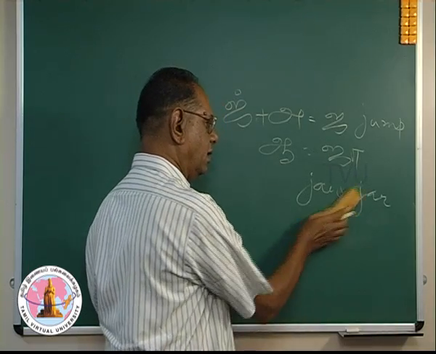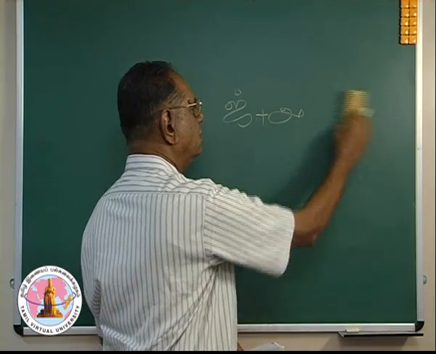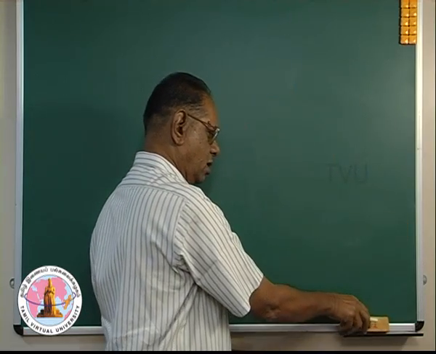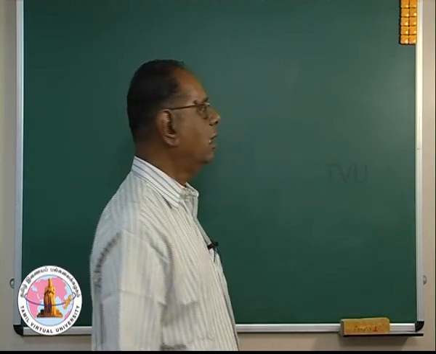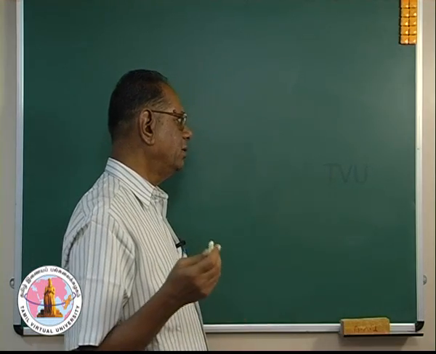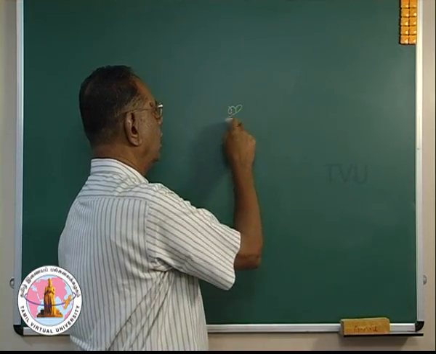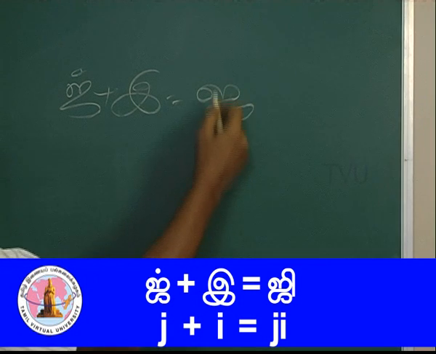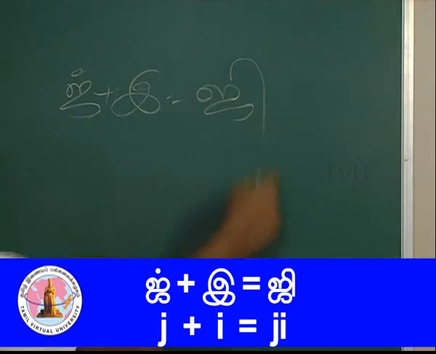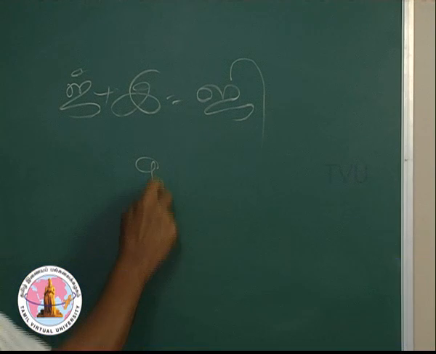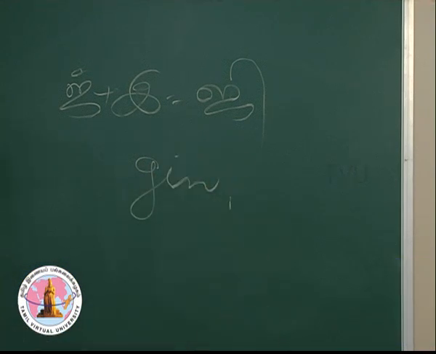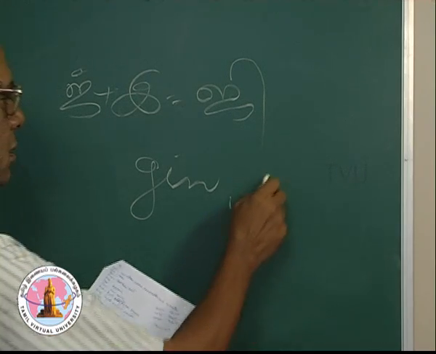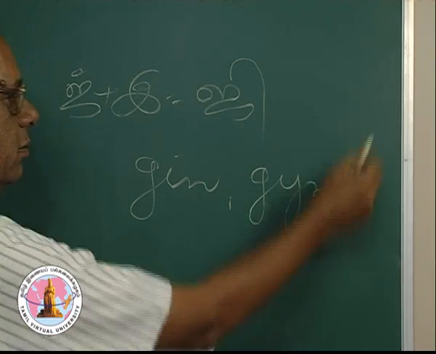Like any Tamil letter, these new letters also accept the vowels and take up the markers. With this, we put E and this becomes G. The marker is the same, only you have to know where to draw it from. So, this is G as you have in gin or gym.